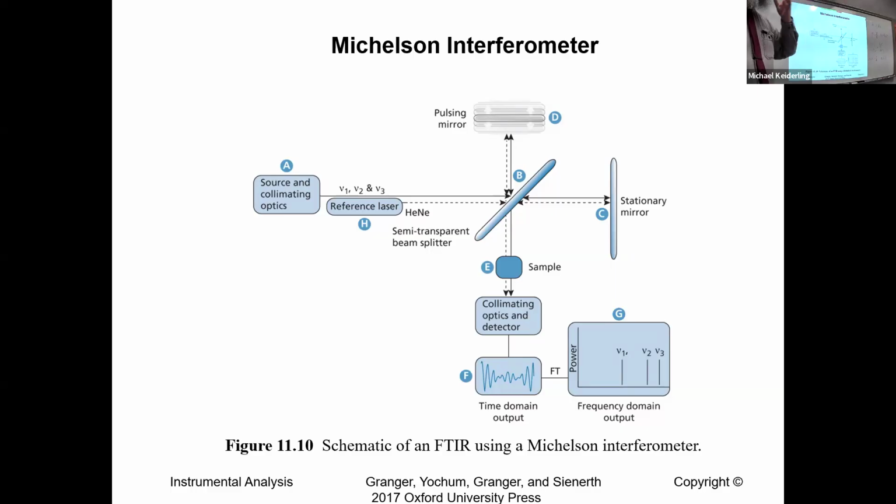You need to run the whole thing in a vacuum. But you can do it in visible. It's just harder because you need finer control over the mirror and faster data collection. So it's usually used for IR because the longer wavelengths are easier to measure this way.